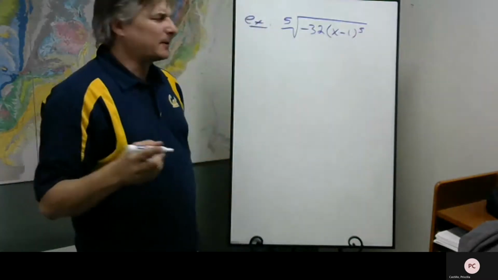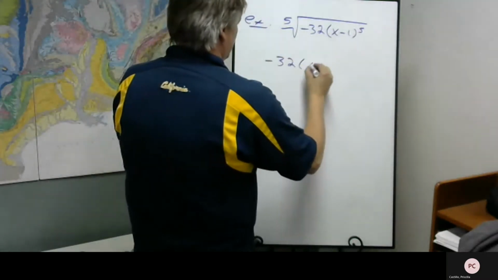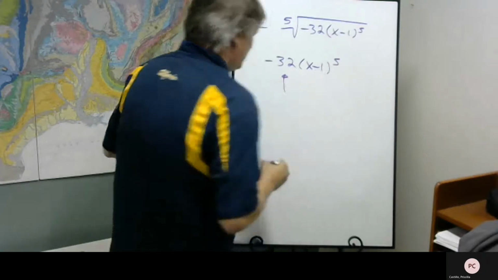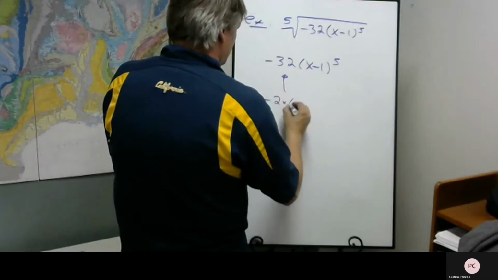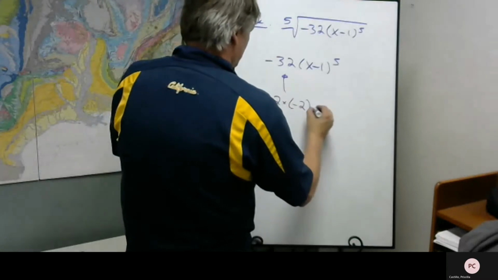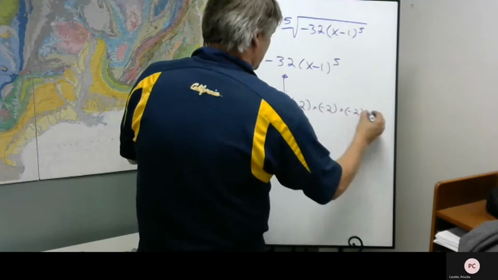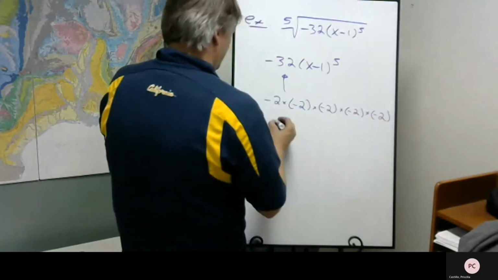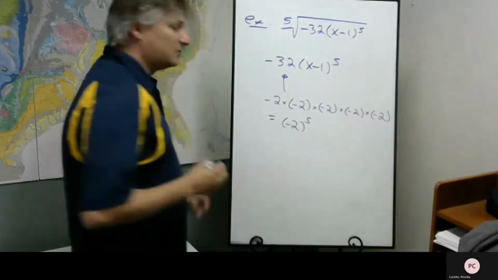now this one takes a little bit more. -32 x minus 1 to the 5th. -32 is -2 times -2 times -2 times -2 times -2, or -2 to the 5th.